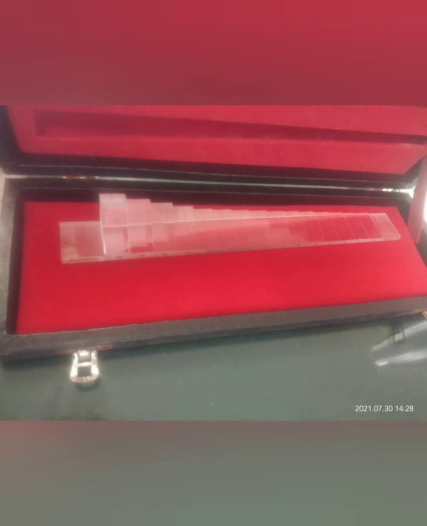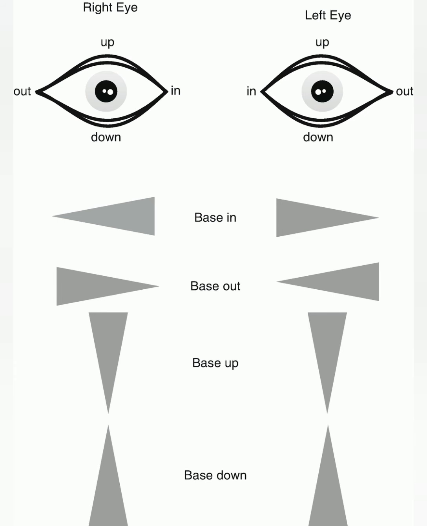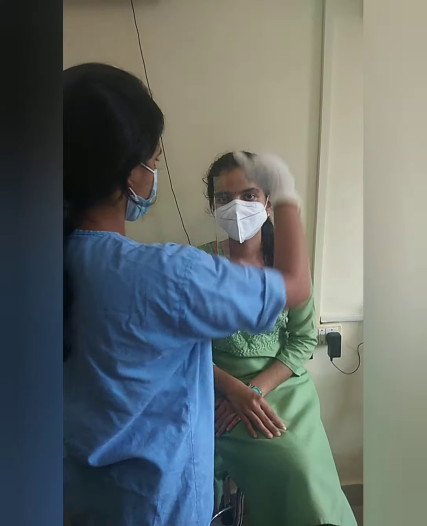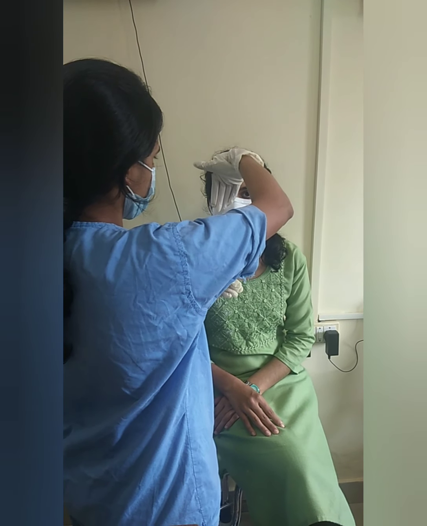The result from the cover test will give you an indication of the type of deviation and how the prism should be held. Base in prism for exodeviation, base out prism for esodeviation, base up prism for hypodeviation and base down for hyperdeviation. The patient should be measured in primary position first and then in any position of gaze of concern.